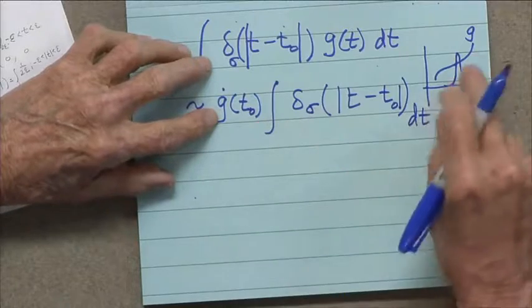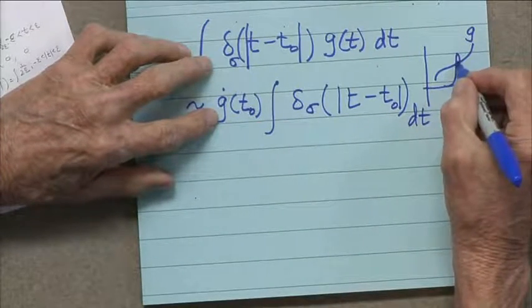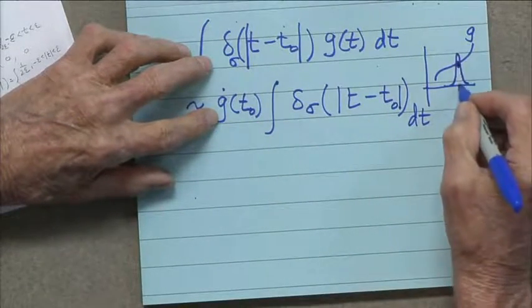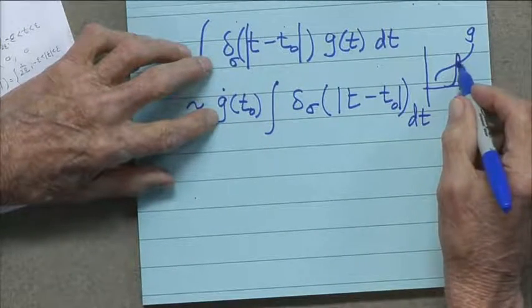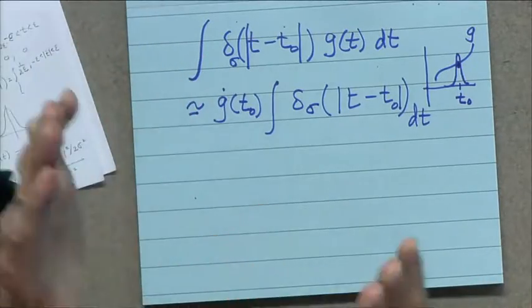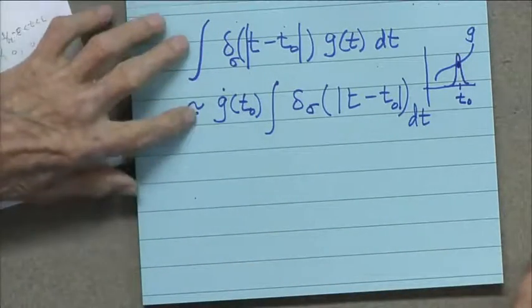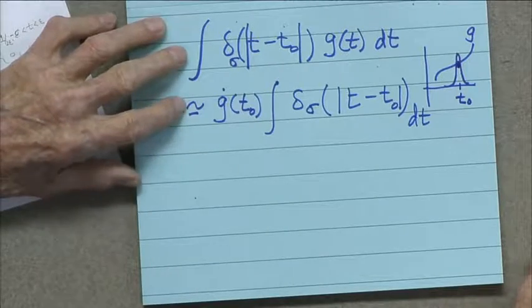Because the value of g at t0 is the dominant part of this. The thing shrinks and shrinks. So that's why I write this as that.